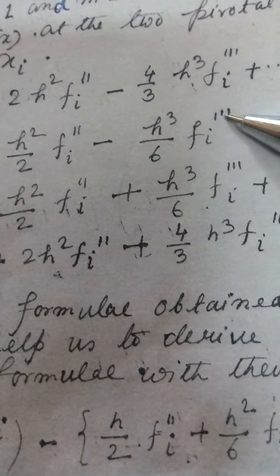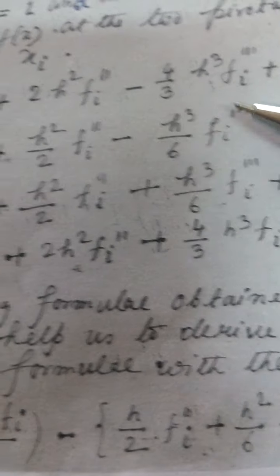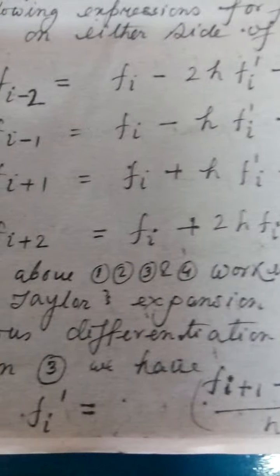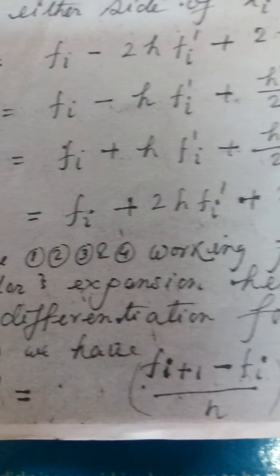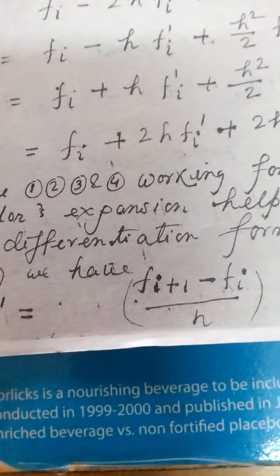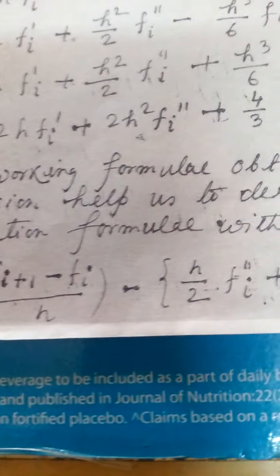These are the points. 3 means third derivative, this is the second derivative, this is the first derivative. Okay.